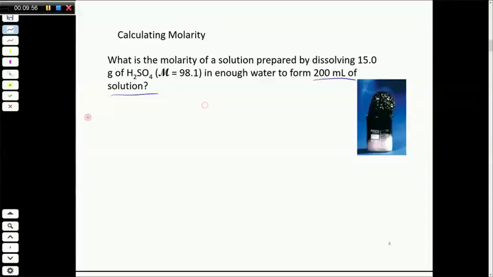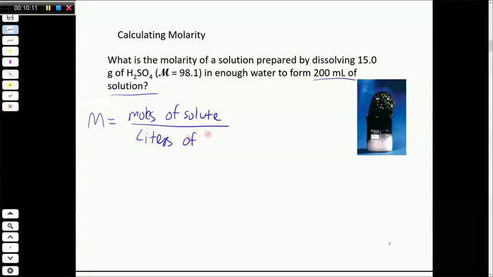So whenever we're trying to calculate molarity, we know that the two pieces of information we need are moles of solute and liters of solution. Okay, so moles of solute is pretty straightforward for us at this point. We have 15 grams of H2SO4. We have the molar mass, or we could calculate it if we didn't have it.